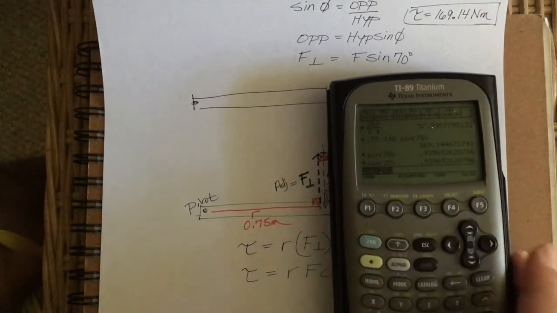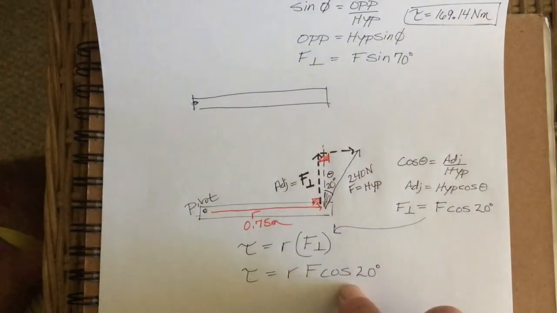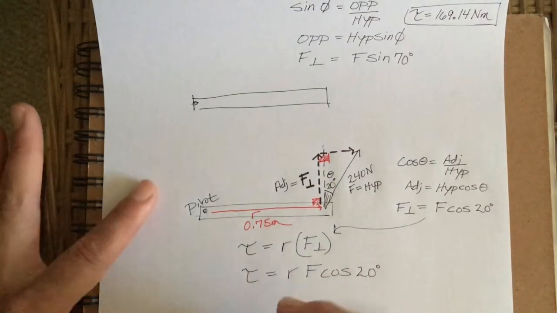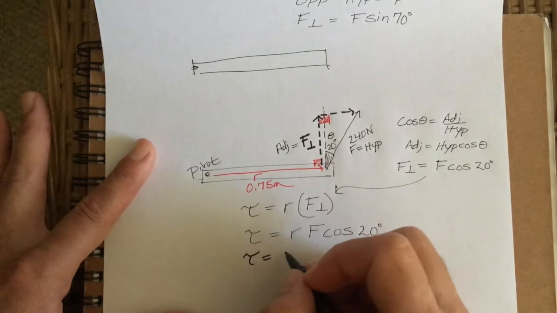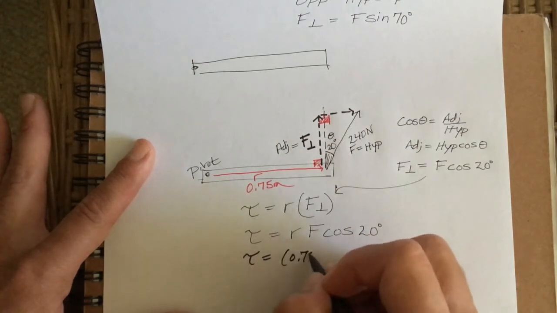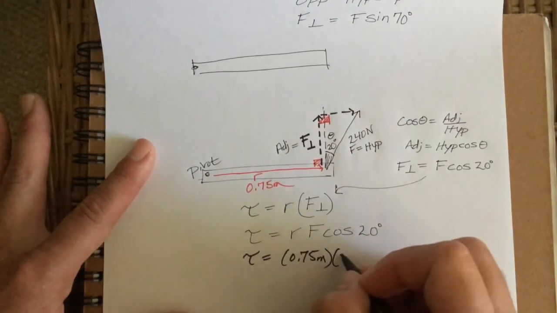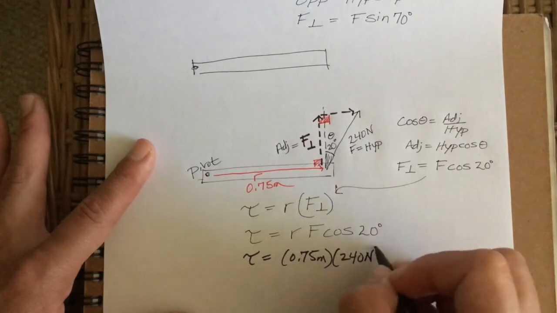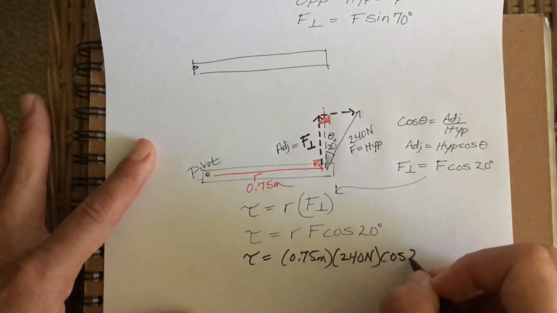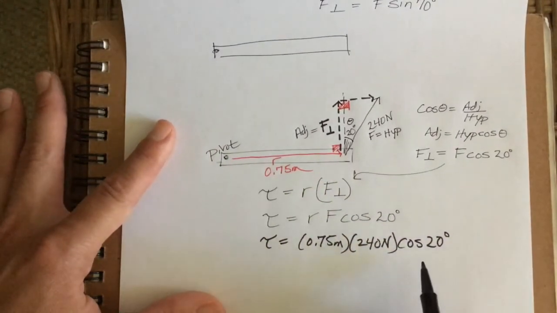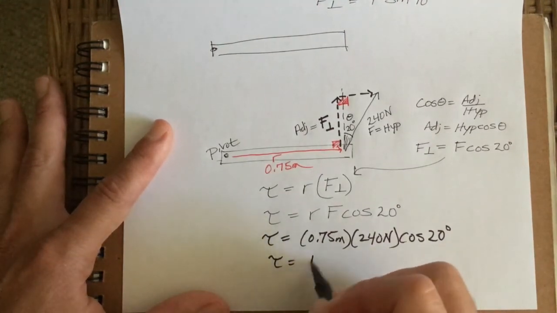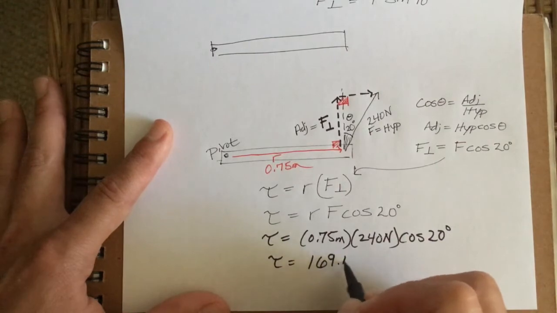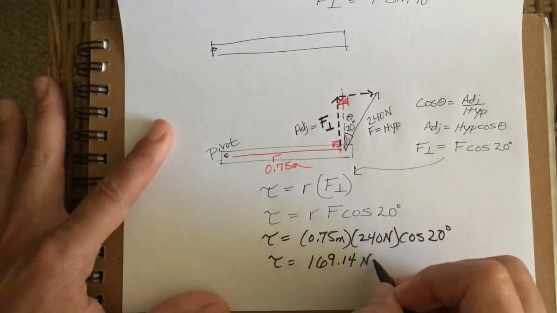So anyways, I'm going to take cosine 20, multiply here by torque is R 0.75 meters, 240 newtons, times the cosine of 20 degrees. And because this is the same as the sine 70, when I type it in my calculator, I'm going to once again get 169.14 Newton meters.